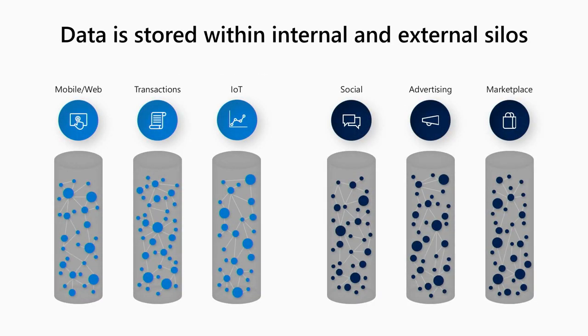Now, to make problems even worse, different applications within your organization may store data in different silos, making it even harder to access, combine and reconcile. This is just an example with different systems for mobile and web applications, transactions, IoT data, social, marketplace, and so on, each of them in their own silo.